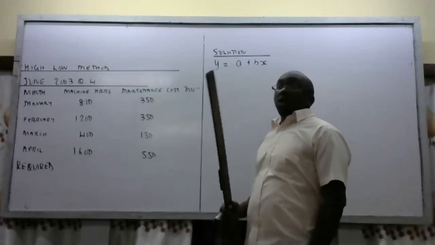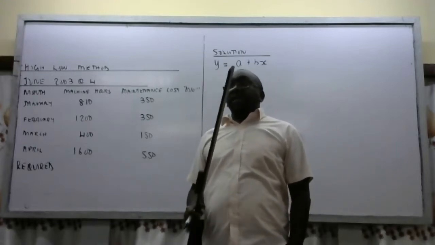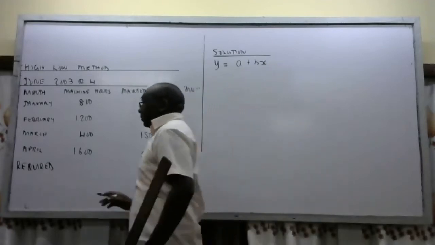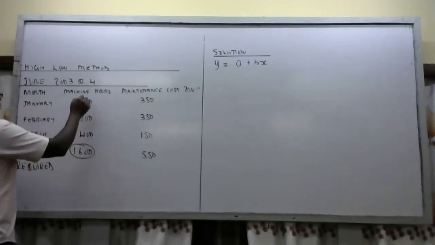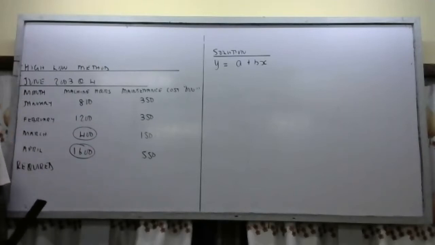So we have said, what you do, you go to the values of x and you pick the highest and the lowest. So what is the highest here? 1600, and the lowest? The lowest is 400. So you identify those points.